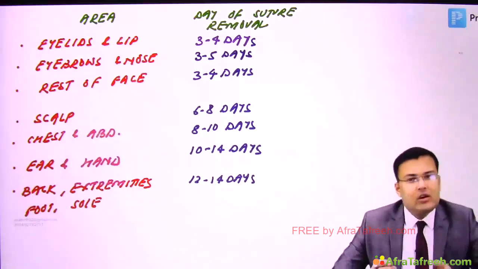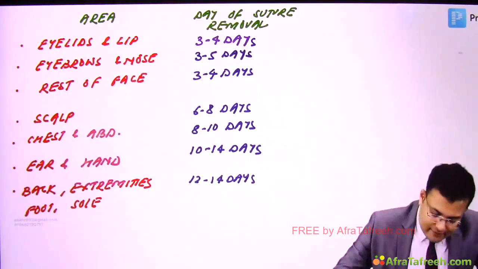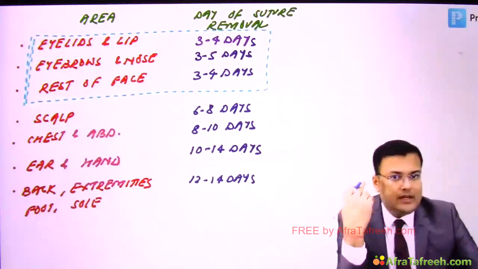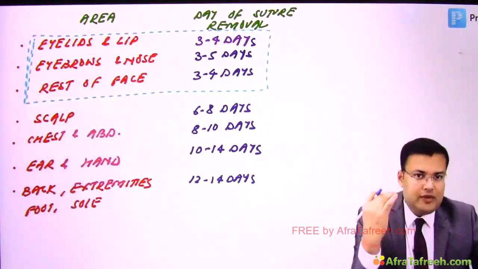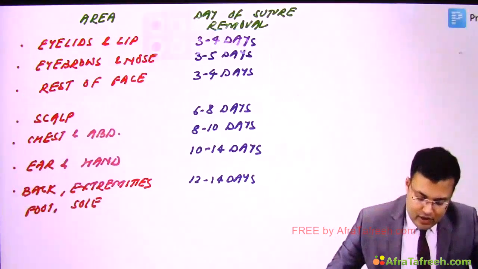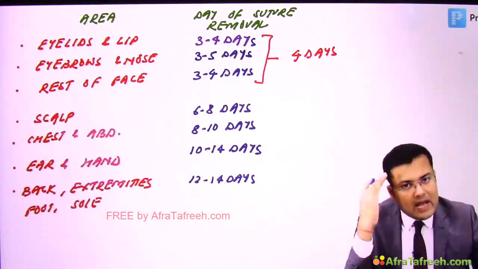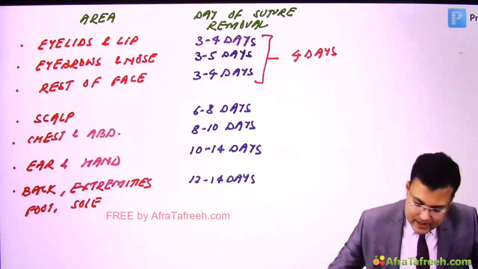Clear? Now how you can remember it easily? We discussed that face related area, except ears. Clear? So in face generally the sutures are removed in 4 days. So broadly we are removing the sutures in 4 days. Clear? In scalp, in chest and abdomen it is removed in 8 days broadly.